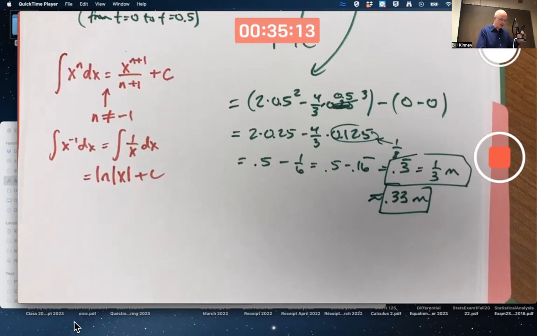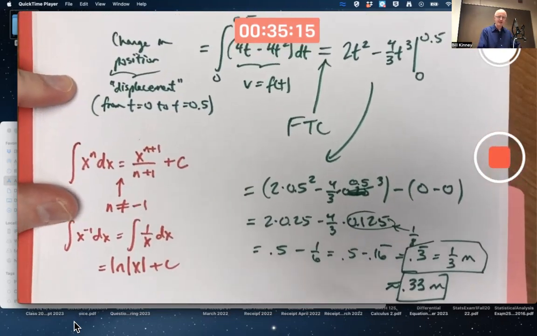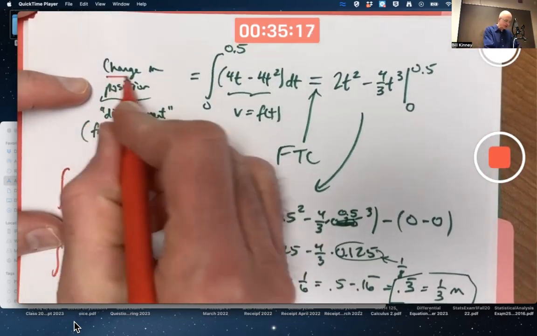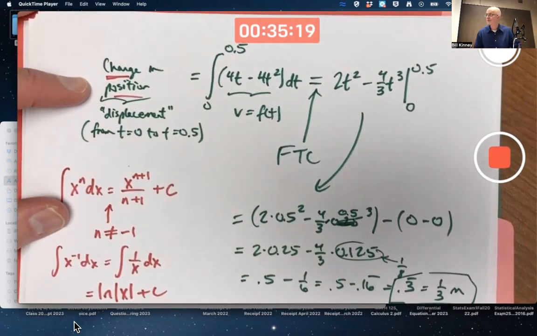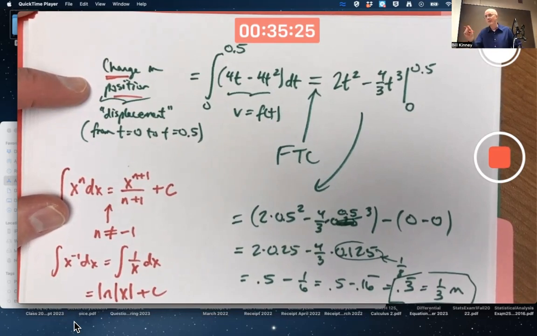Before I do that, I should remark that this is giving us the change in position, not the position itself. The change in position is only the same as position if you start at position 0. Then if your change in position, for example, is -2, that means maybe you went to the right before going to the left and you ended up 2 meters to the left of where you started.